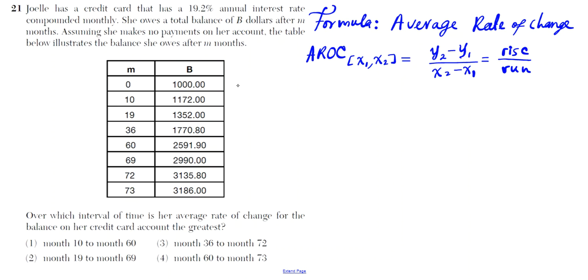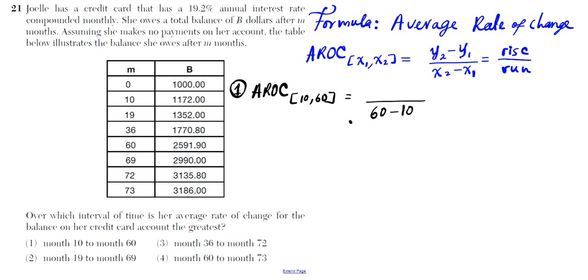Now let's consider option 1. For option 1, we are looking for the average rate of change from month 10 to month 60. So we're going from 10 to 60. In this case, this is x1 and this is x2. These are just the x's. So using the formula, we're going to have the difference of the x's on the bottom: 60, which is x2, minus 10, x1.